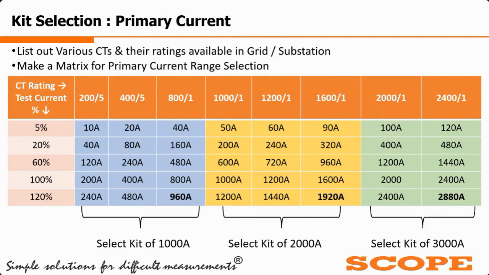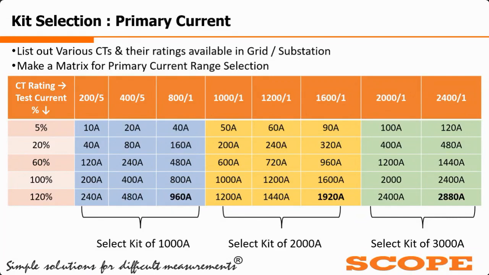Similarly, in the higher range, that is 2400 by 1 ampere, the maximum current that we need to inject is 2880 ampere.